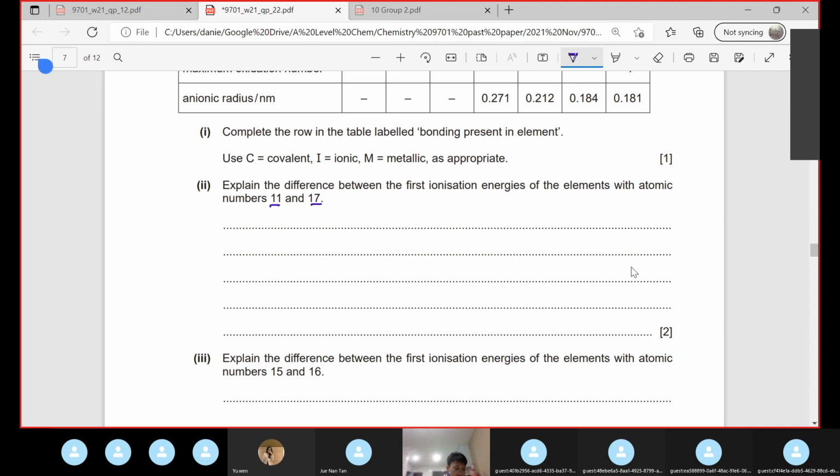Okay, comparing between 11 and 17, you can write down the element. The mark scheme shows the answer in this way: the element 11 has a greater nuclear charge.